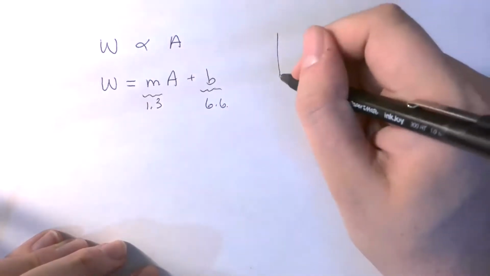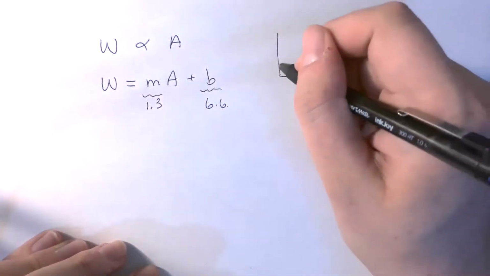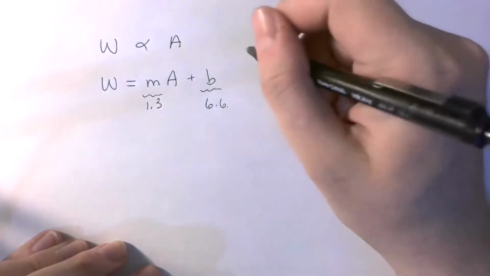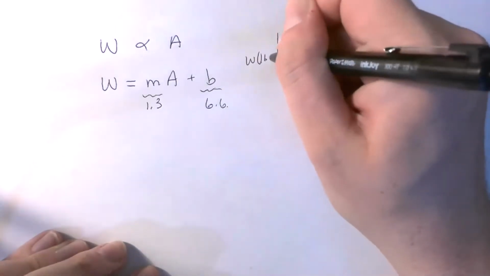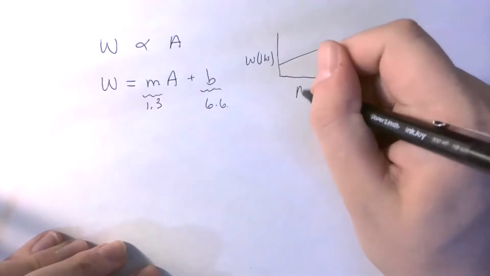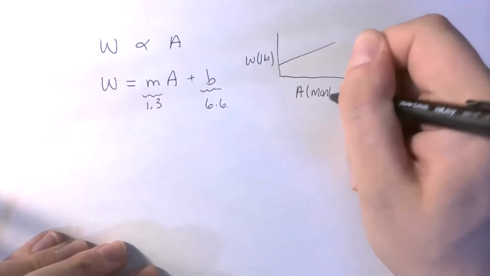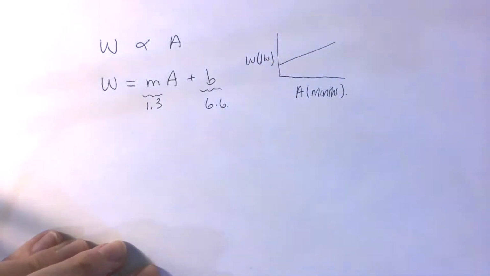The equation gave us this line, which had W in pounds on the vertical, A in months on the horizontal.